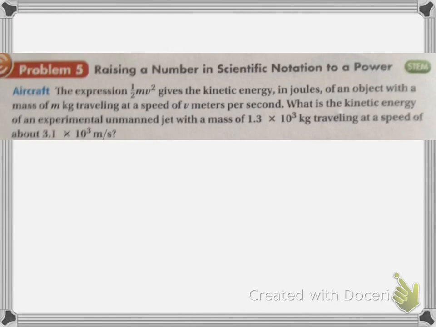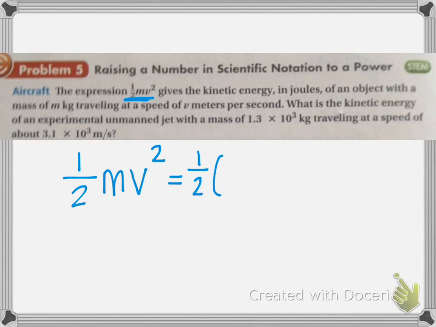So really all it is plugging in. So I'm going to take the formula that it gives me, 1/2 mv squared, and I'm going to plug in what it says. So it's 1/2 mv squared. M, mass, says with a mass of that, so I'm going to replace m with that, 1.3 times 10 to the 3rd.